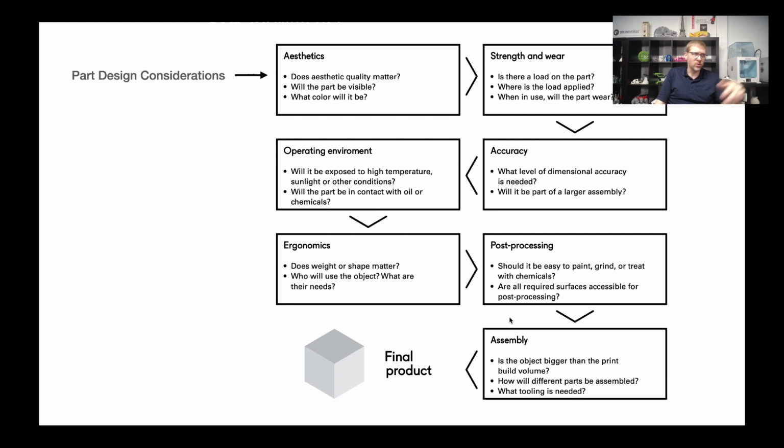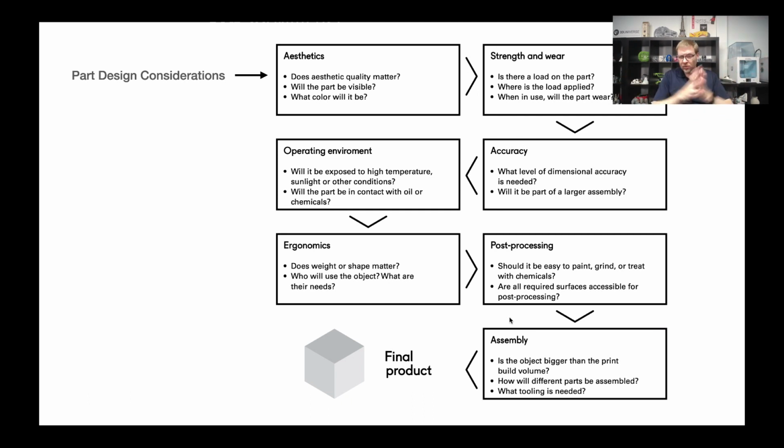Where is this going to be used? Will it be exposed to higher temperatures? Will it be exposed to different chemicals that might affect it? Would it be exposed to a lot of sunlight? Things like that. Ergonomics, does it matter what this thing weighs, how heavy it is? Does it need to be particularly light or heavier? Does it need to have a certain shape? Who's going to be using it? How will they be using it? That sort of thing.